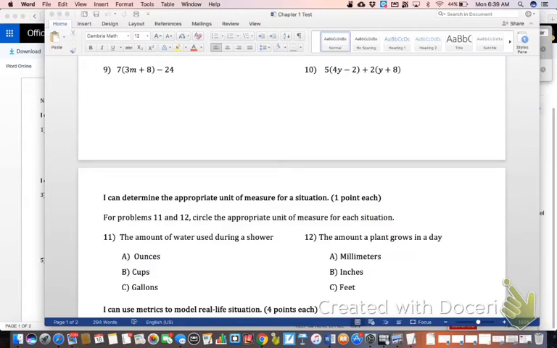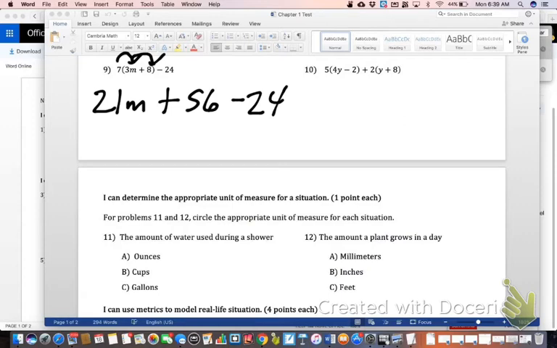Number 9, I've got 7 times 3m, which is going to be 21m. And then 7 times 8, which is 56. And then I've got subtraction that I need to do right here, because I can combine those numbers. So I've got 21m plus 32.